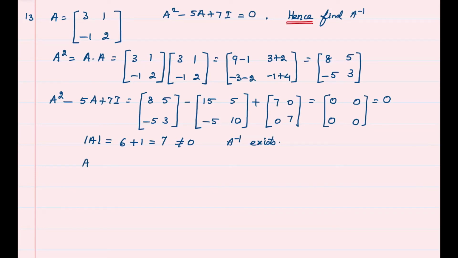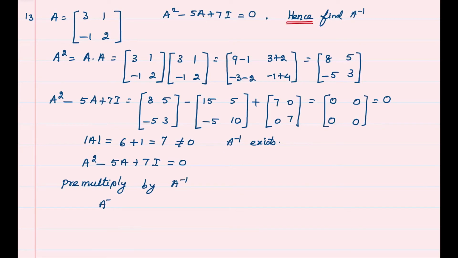Now the equation which we have proved is A square minus 5A plus 7I is equal to 0. We will pre-multiply this equation by A inverse. We have to either pre-multiply or post-multiply by A inverse, as matrix multiplication is not commutative.